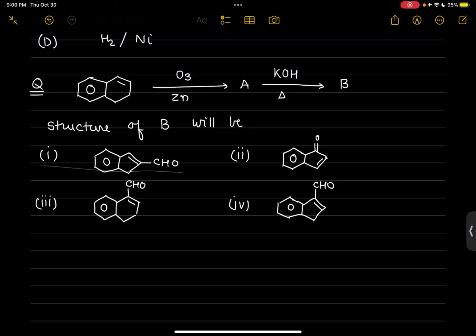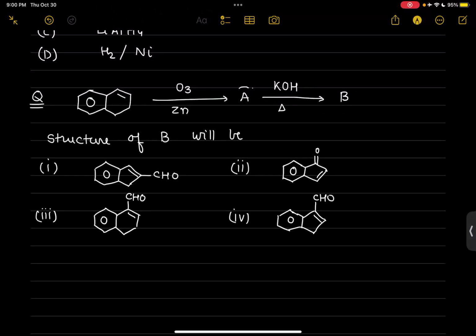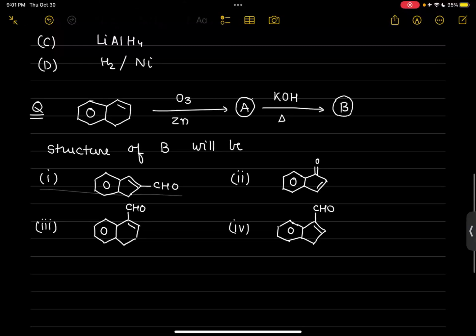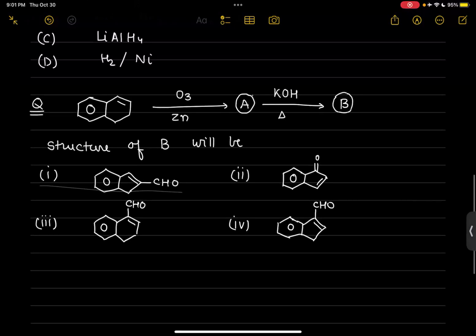First, try to sort out the reactions, whether you are comfortable with the reactions or not. So what is the structure of A? Yes, Yogita, what will you do with A?